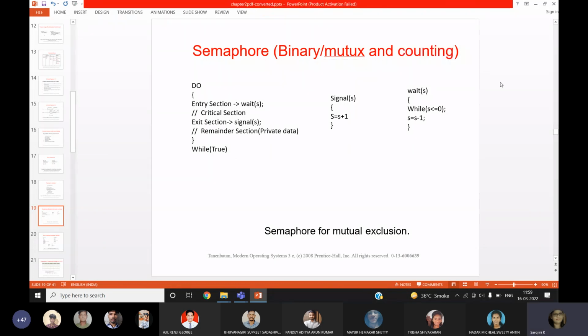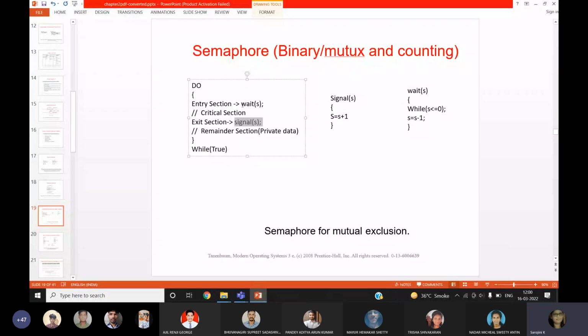Now, what is this? First, we will see binary semaphore. This is the algorithm. The process will be executed. Here they have used two functions, which are called wait and signal. So the binary semaphore will always use wait and signal, two built-in functions.